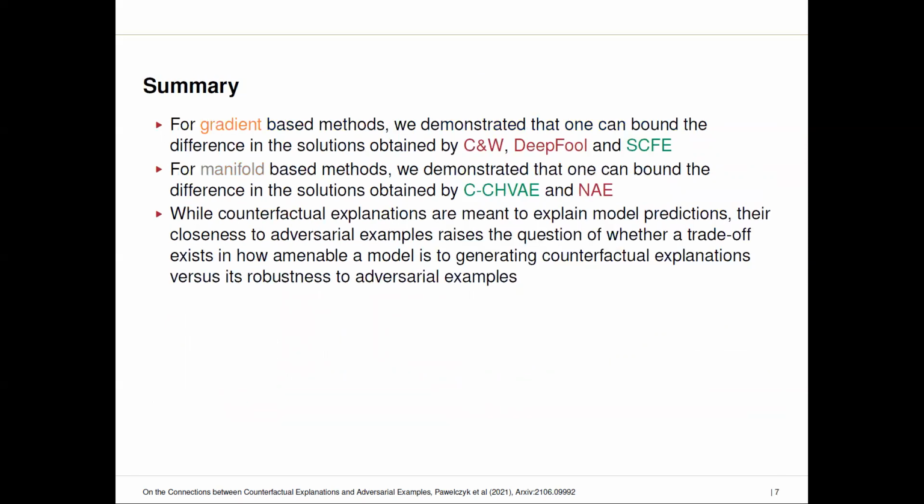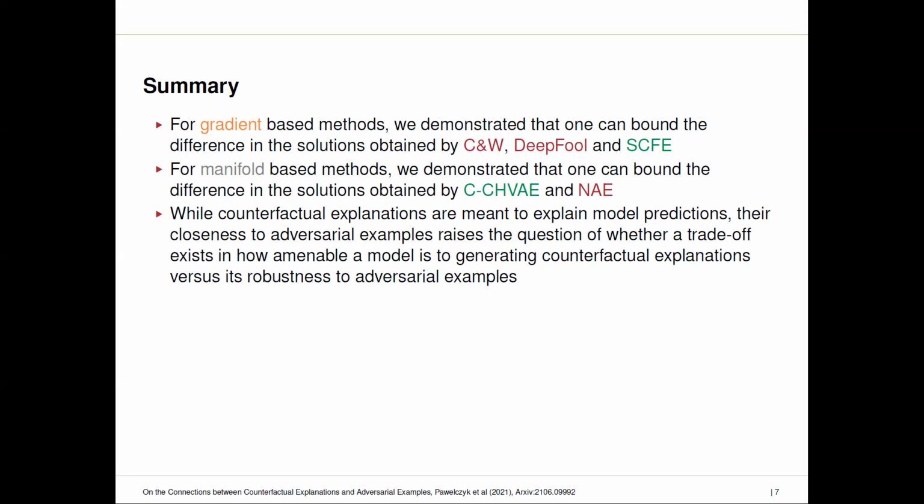So finally, we are ready to conclude. For popular gradient-based methods, we demonstrated that one can bound the difference in the solutions obtained by adversarial examples and counterfactual explanations. For manifold-based methods, we have demonstrated similar results. Moreover, we see that the empirical norm differences are extremely small for all considered datasets.